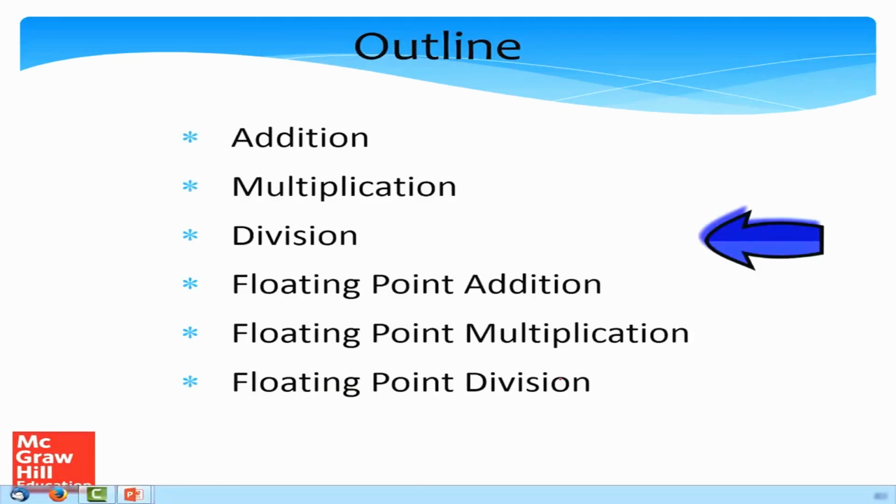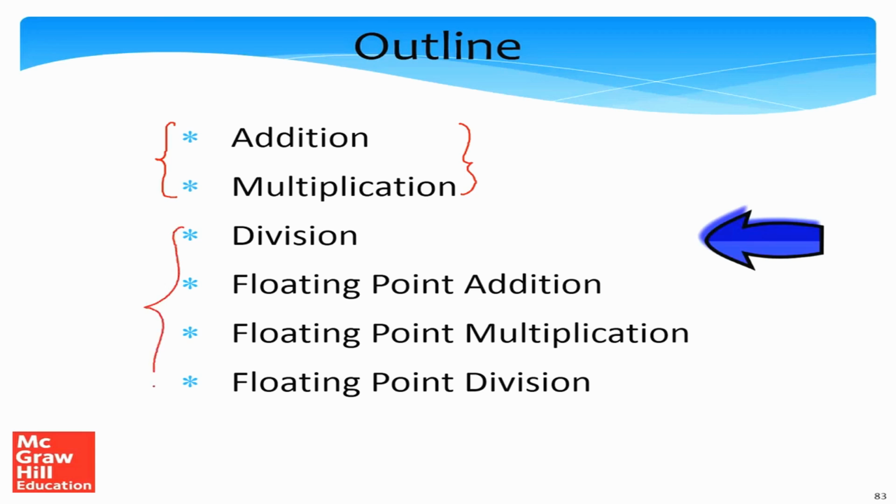All right, so what have we done? We have focused on addition and multiplication in the last three lectures. So now we'll move to division, floating point addition, floating point multiplication, and floating point division. Because this was a long chapter, I divided the slides into two sets of sub slides.